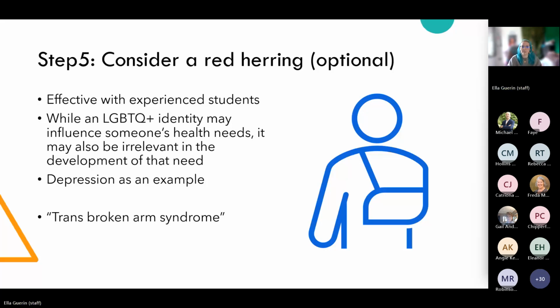But actually, one thing that people find very frustrating, and it comes through in literature on healthcare experiences, more often around psychotherapeutic approaches, but in other fields as well, is this thing of, that's not actually why I'm here. This would have happened regardless of my gender identity or sexuality. So if you've got a group that you think can manage that, absolutely, we can throw in a red herring.